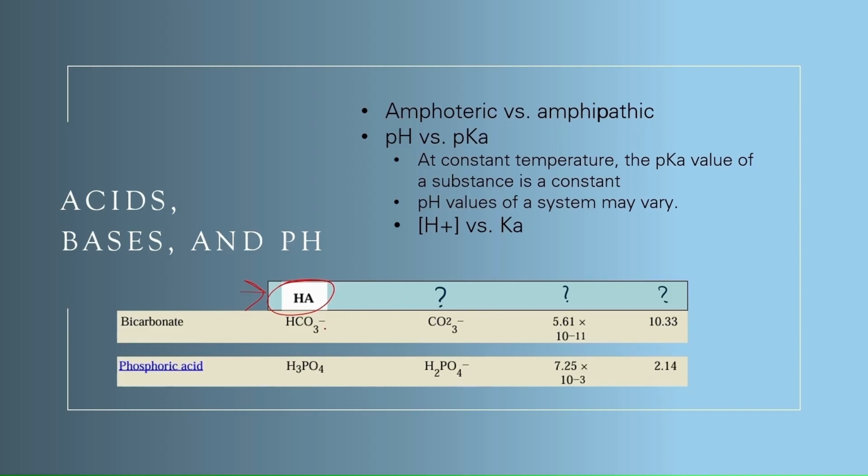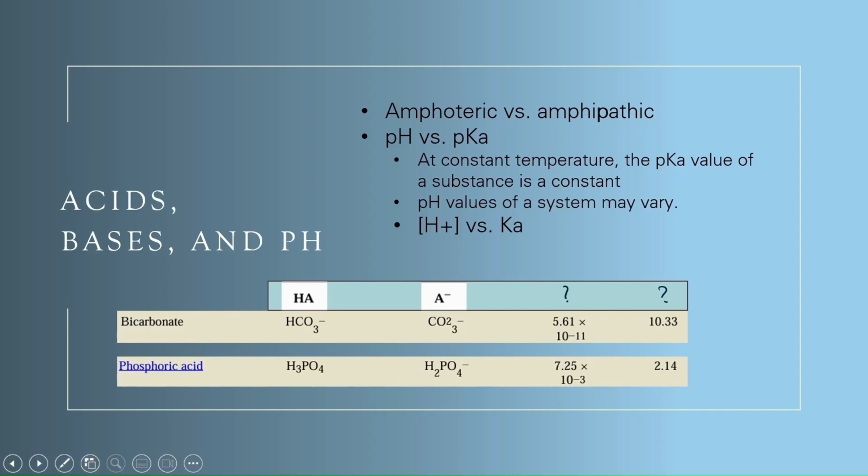You're losing an H plus. Okay? Anyway, so HCO3 minus without a proton forms its conjugate base, which is CO3 2 minus, and H3PO4 without a proton would be H2PO4 minus. So that takes us to the conjugate base of this substance. That is its chemical formula here.